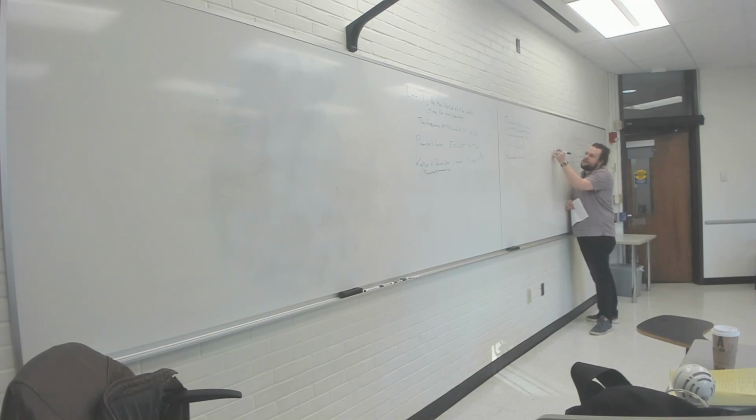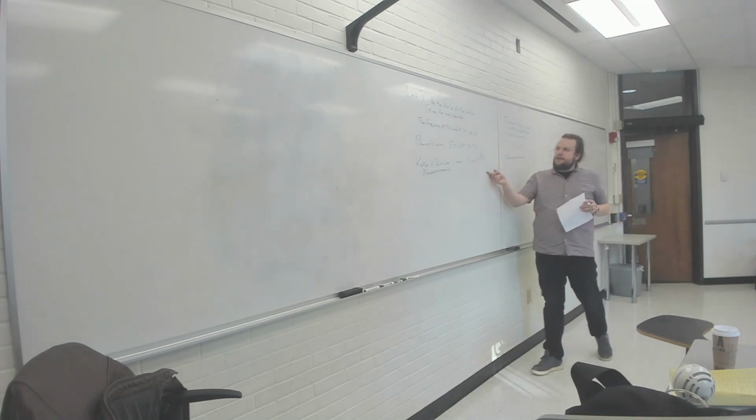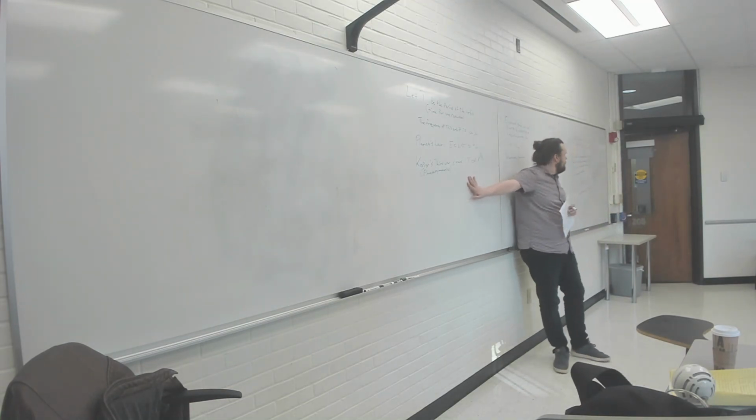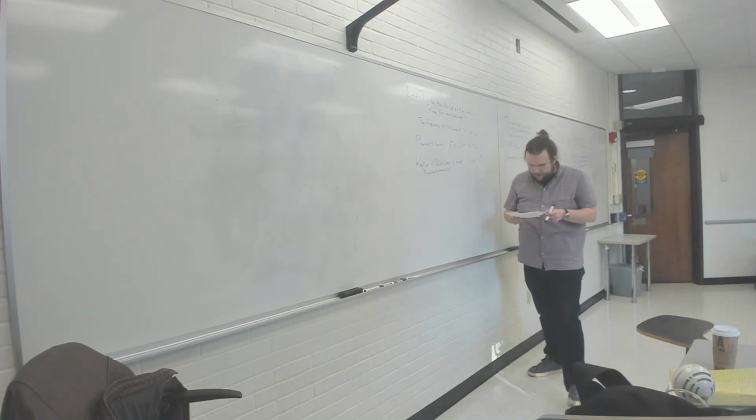I'll define this distance as r. Sorry, the distance between the electron and the center of the proton. So r here is the distance between the two bodies. This is the rule that defines the orbits of the solar system, that the period increases as r to the 3/2 for planets around the sun.